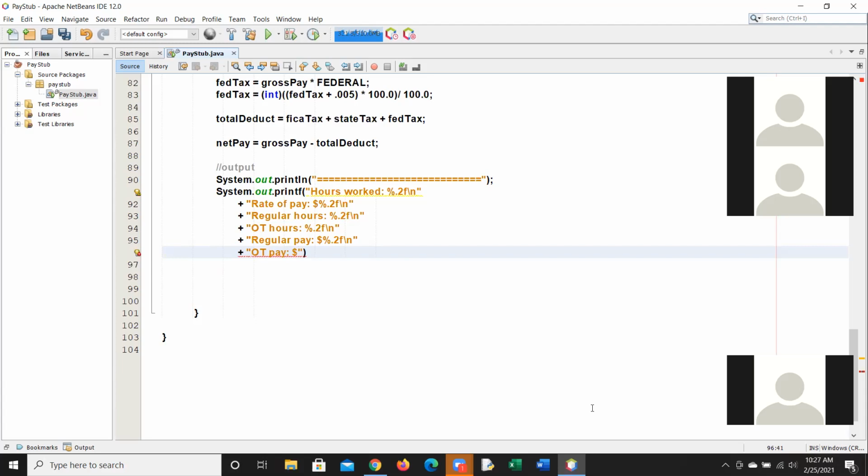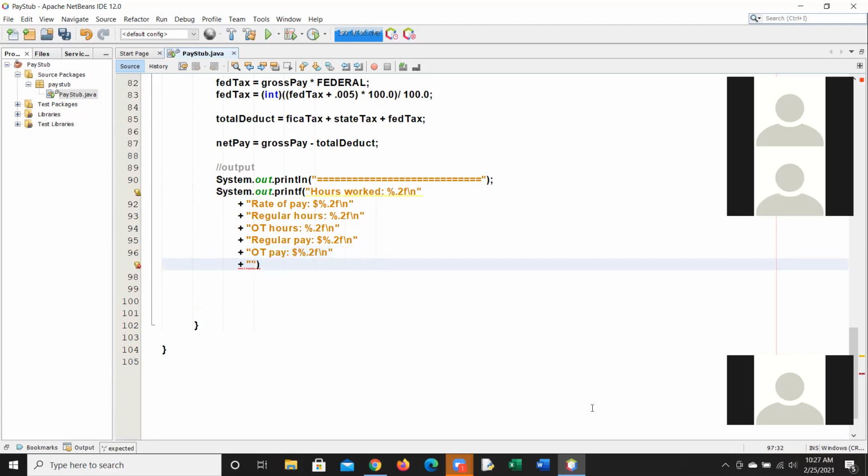But you could definitely do them line by line if you don't totally understand what I'm doing here. That \n is putting each one of these on a separate line. And then at the end, I'm going to have to fill all those %.2f with whatever variable will fill them in correctly.